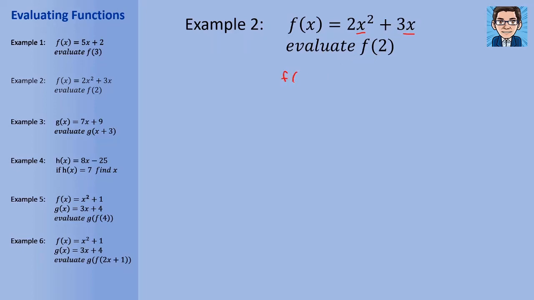So if f of x is 2x squared plus 3x, then f of 2, we put 2 in for every x, so it's 2 times 2 squared plus 3 times 2, or 2 times 4 plus 6, 8 plus 6, or 14. So f of 2 in this case is going to be 14.